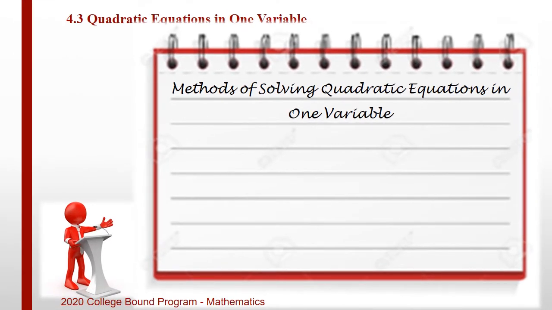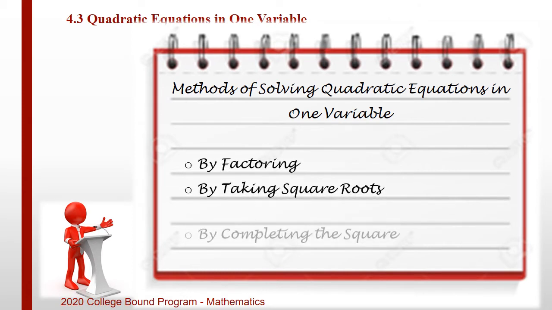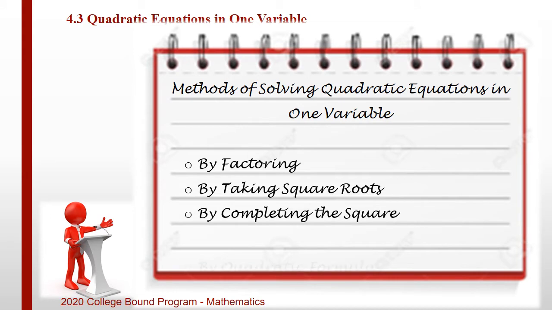Unlike the linear equations in one variable, here we have several methods to choose from when solving for their solution sets. The following are the methods of solving quadratic equations in one variable. We have by factoring, by taking square roots, by completing the square, and by quadratic formula.